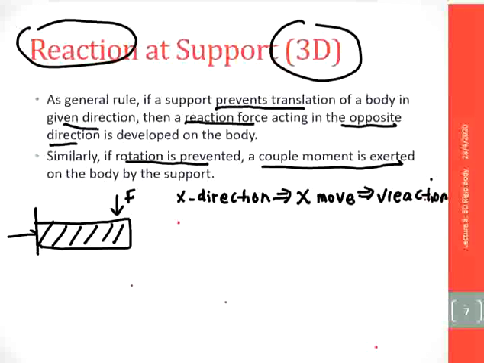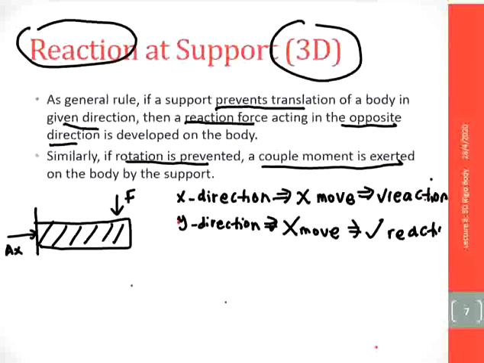AX here represents the reaction at the x axis. And can this cantilever beam move in the y direction? For example, can this beam move up and down? Cannot, because it is fixed at the wall, so it cannot move. So there is a reaction in the y direction, AY.